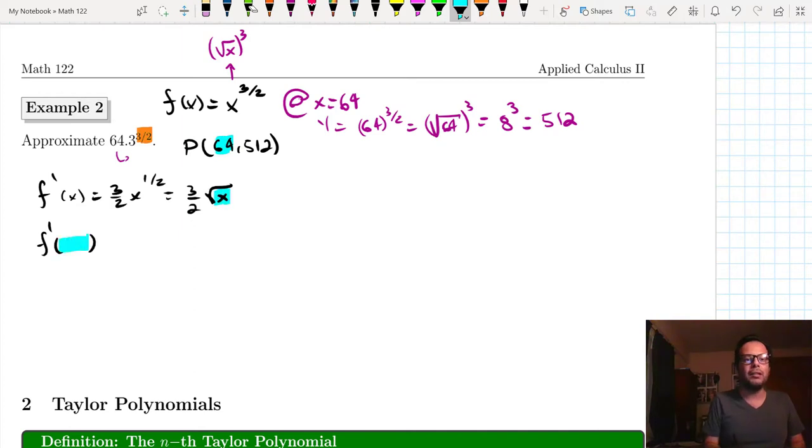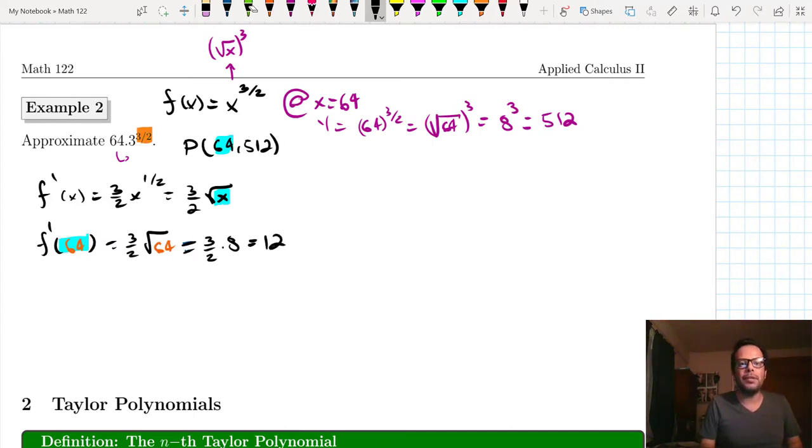Plug it in here, and this will be 3 halves times the square root of 64. The square root of 64 is 8, so 3 halves times 8, which reduces to 12.